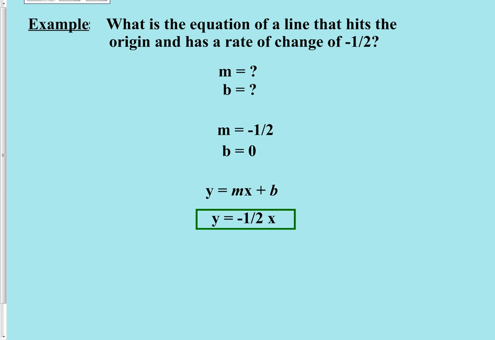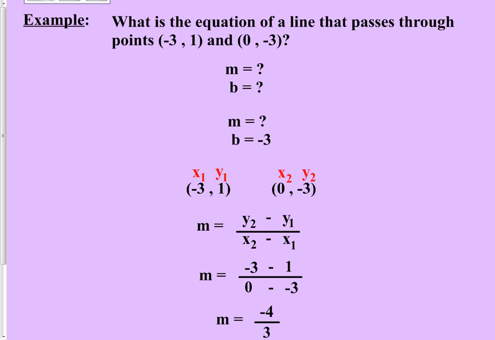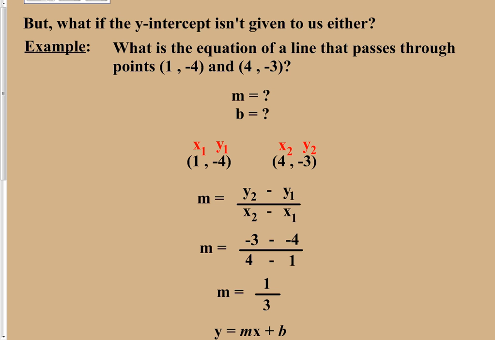Okay, now it's very easy to plug into the equation if you know your slope value and your y-intercept value. The real challenge is what happens when you do not know your slope or your y-intercept. Well, we already know how to find the slope. Very easy. We just plug into the y2 minus y1 over x2 minus x1 equation.